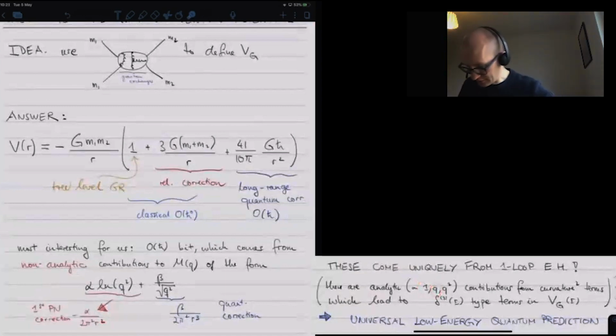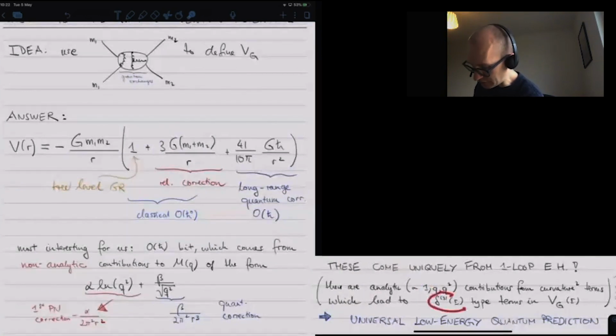And you can convince yourself that all of these analytic contributions in momentum, if you Fourier transform them, lead to very short range interactions. So delta functions or derivative of delta function type interactions. And so you can qualitatively distinguish them from terms of this kind, which have more long range character, which go like some inverse power of R.